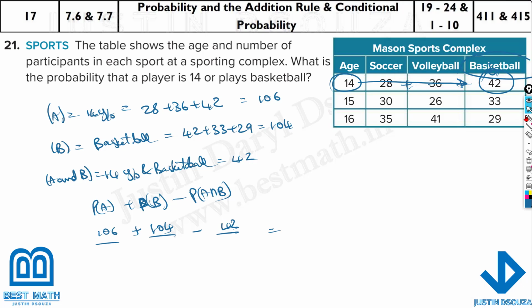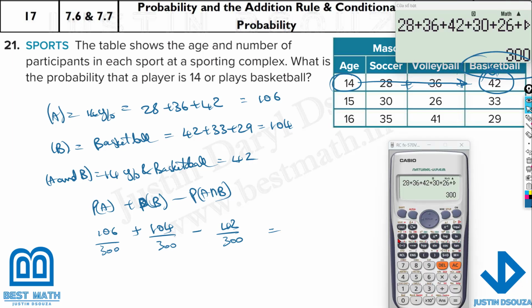And the answer is 300. So every way we have to divide by 300. And again put that in the calculator and you'll get the answer. Here let's use fractions. 106 divided by 300 plus 104 divided by 300.